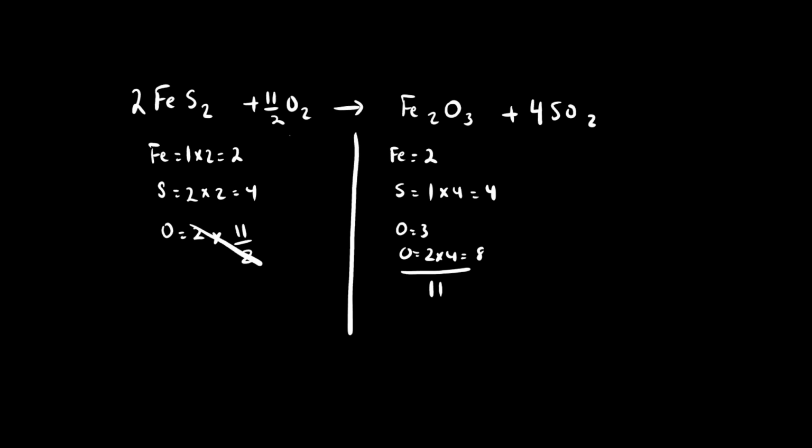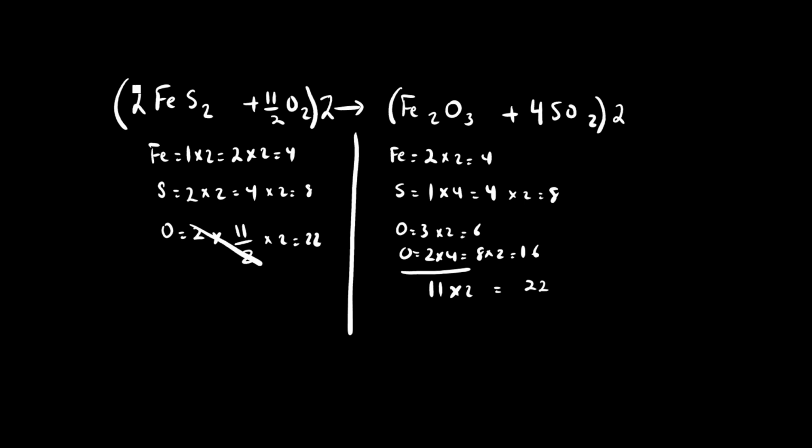However, we cannot have our coefficient be a fraction, so we need to multiply this whole left side by 2. And since it's an equation, what you do to one side, you have to do to the other. So we're going to multiply the whole of the right side by 2 as well.